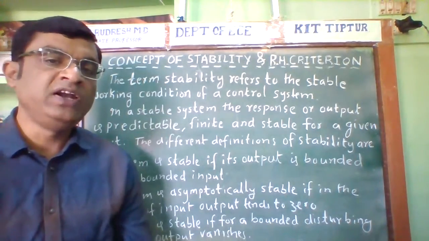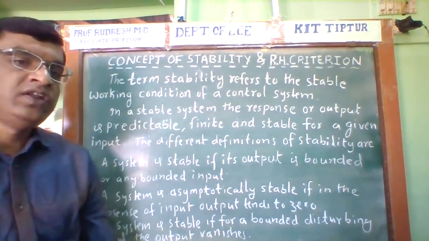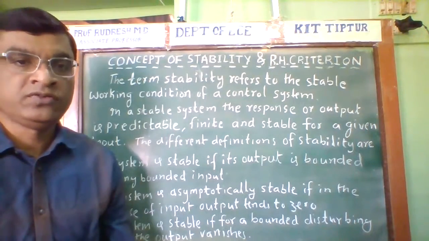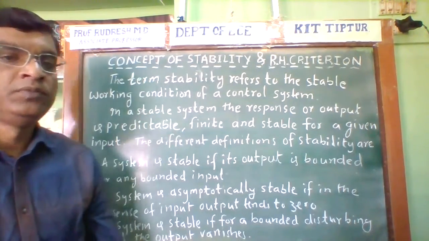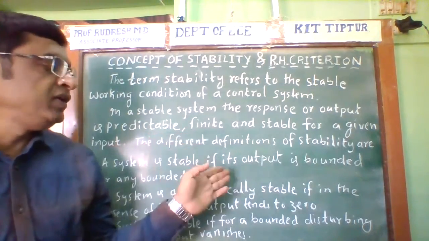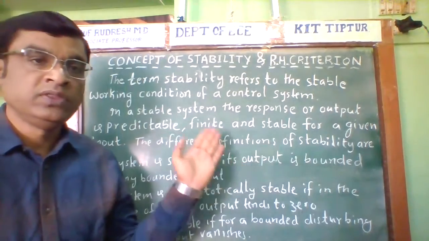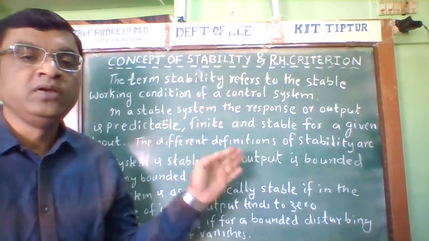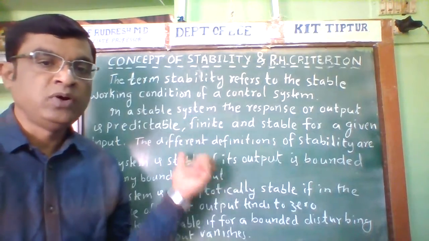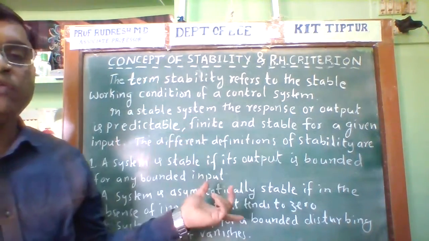Now, what are the different definitions of stability? These are very important. System stability is also studied in signals and systems. The system is said to be stable if its output is bounded for any bounded input. That is one definition.